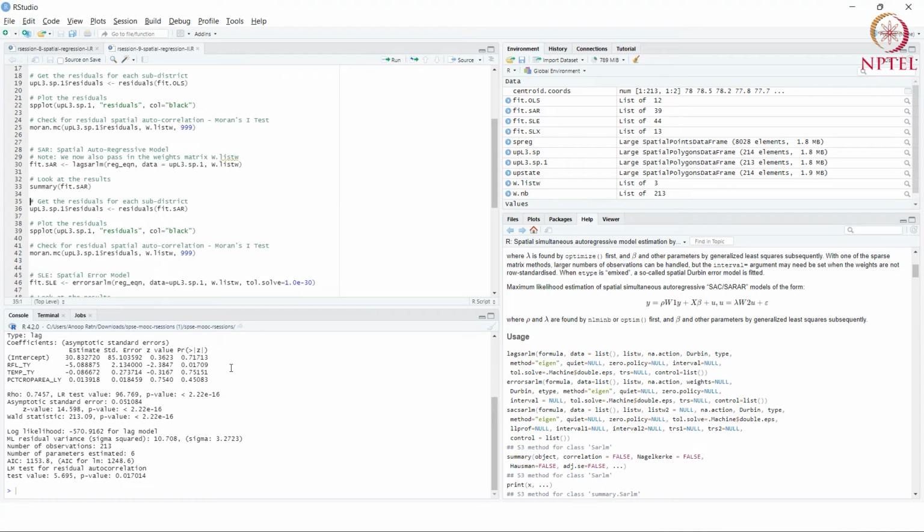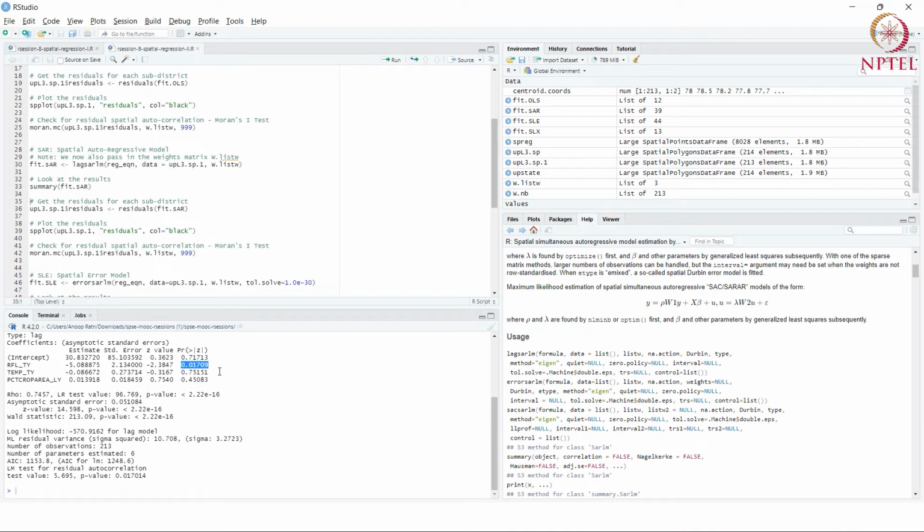Now we see something interesting. As before, temperature and percentage cropping are no longer significant, whereas rainfall is. Remember, this is rainfall at the current location, and it is still significant.